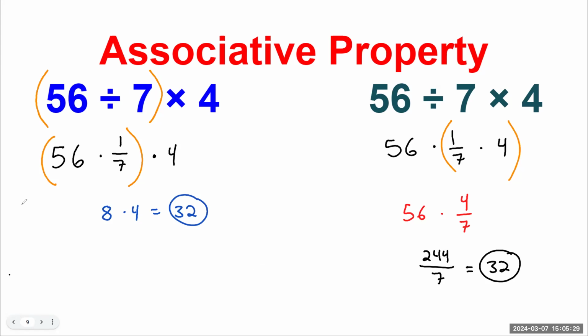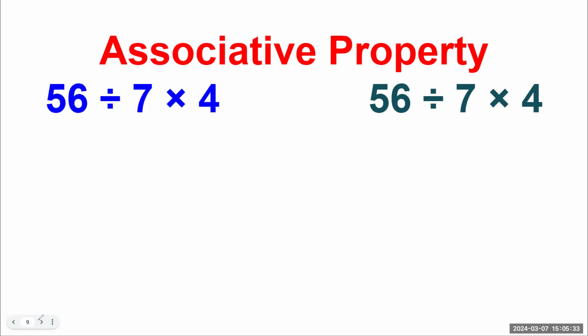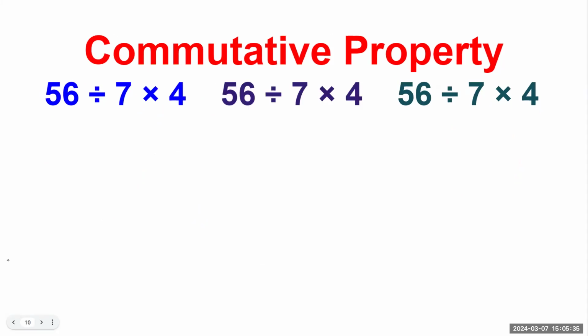All right, now we're going to test the same expression using multiplicative inverses with the commutative property. So this just means we're going to rearrange our terms as we multiply them. And on the left-hand side, we're going to rewrite 56 divided by 7 times 4 as 56 times 4, and then we're going to multiply times 1/7.